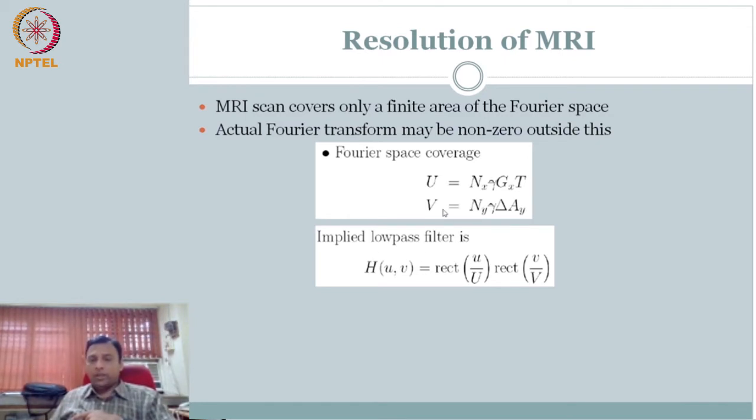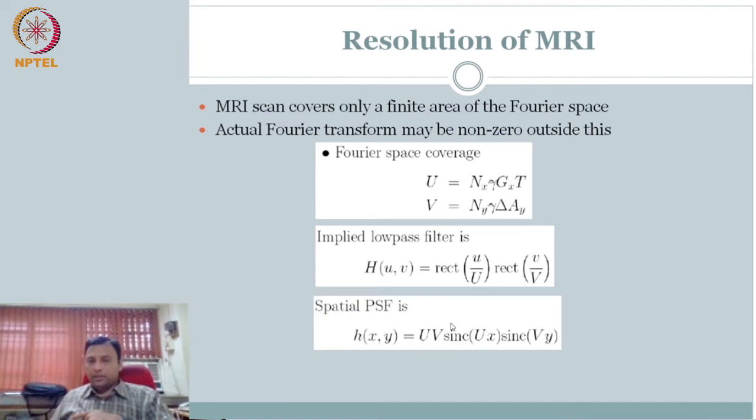The signal exists only within this U and V. That is a rect function. So H of U, V is rect, and therefore in the spatial domain, h of x comma y will be a sinc function. Rect in the frequency domain will be sinc in the spatial domain. So now it becomes clear.